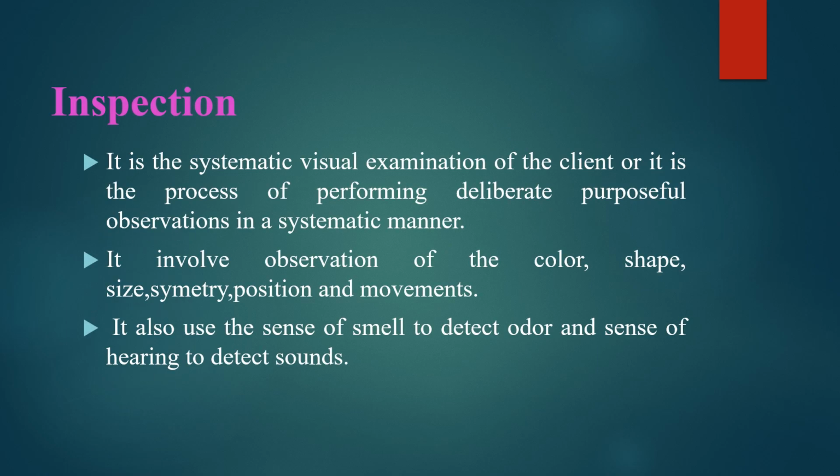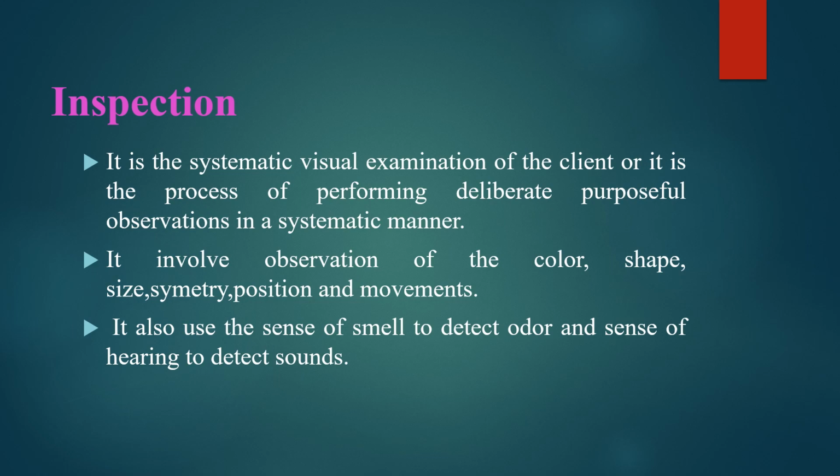First one, inspection. It is the systematic visual examination of the client, or the process of performing deliberate, purposeful observation in a systematic manner. It involves observation of the color, shape, size, symmetry, position and movement.